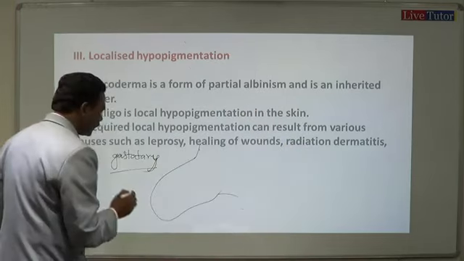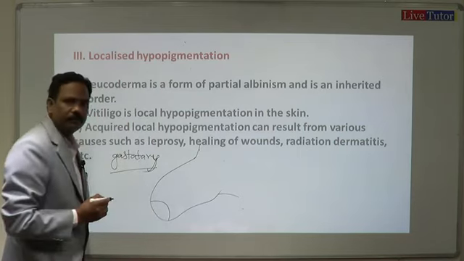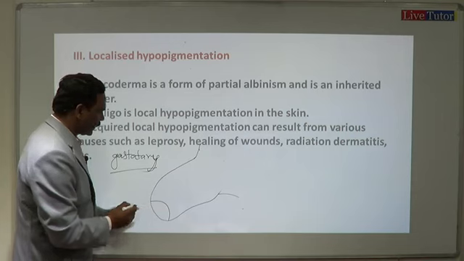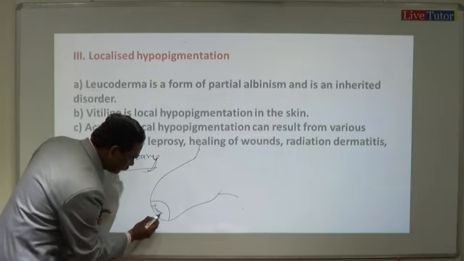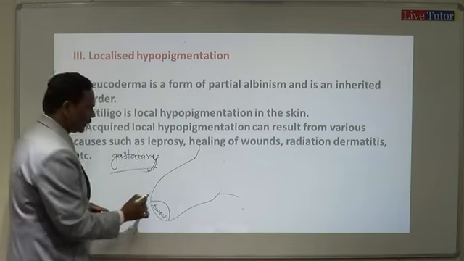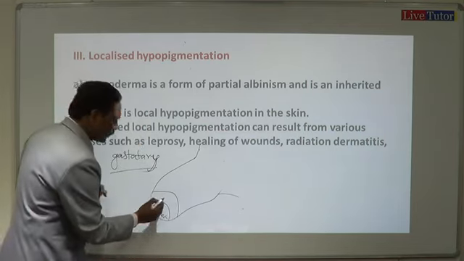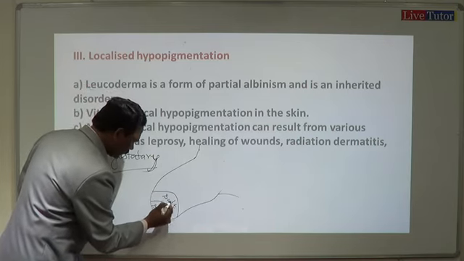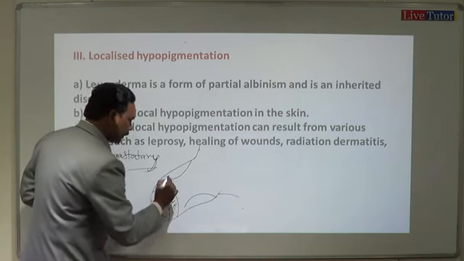So first, sweet. Where is the sweet taste? Extremely at the tip. Then where is the salt? That is at the tip, on the dorsum. Where is the sour taste? That is on the lateral side.